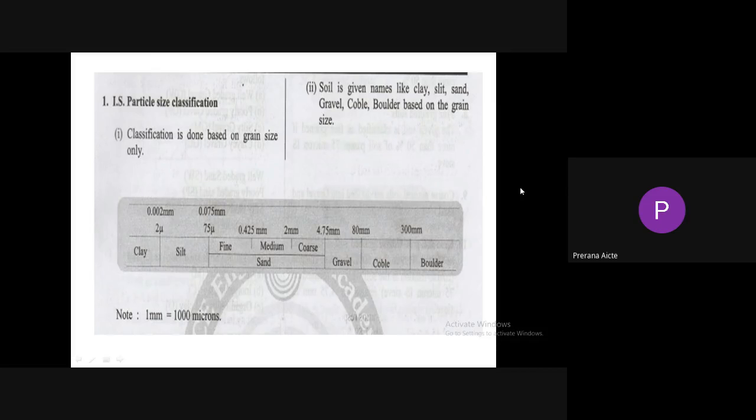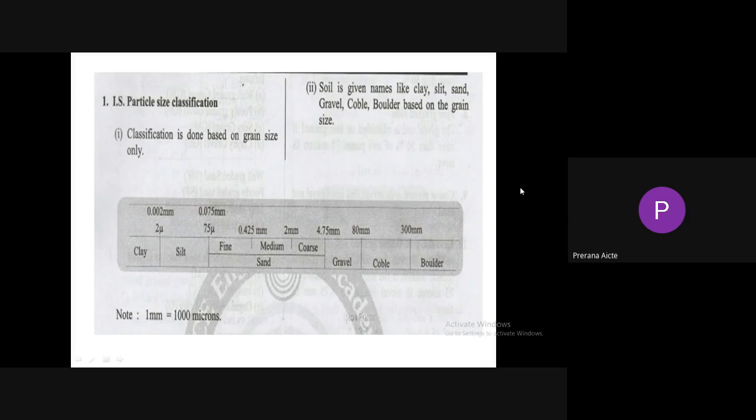If the particle size is greater than 2 mm and less than 4.75 mm, the soil is classified as coarse sand. If the particle size is greater than 4.75 mm and less than 80 mm, the soil is classified as gravel.